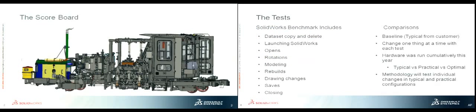So the test we did, we built a benchmark that was not just going to rotate through the model a bunch of times, do a bunch of rebuilds and say this is what your performance is. We went through actual functions and processes that you go through in your day-to-day life. We not only open the models and spin them around, but we do modeling changes to the models as well. We make changes to the drawing of this big assembly too, so that we can get more of an idea of what's really happening to your performance as you see it day to day.